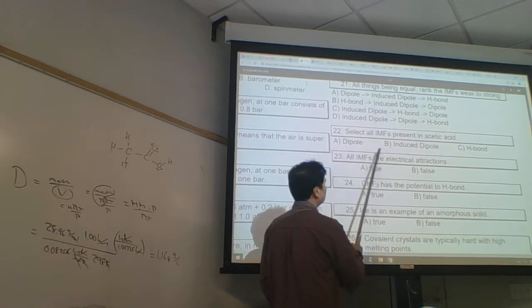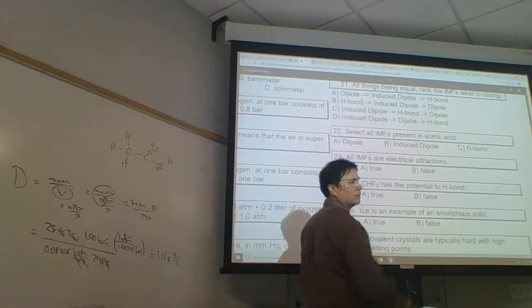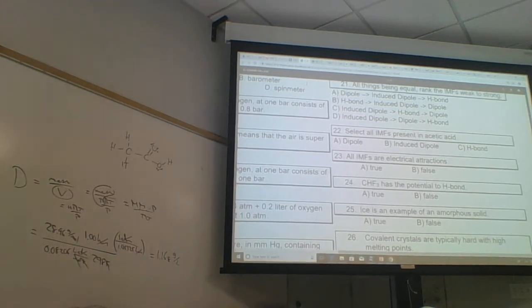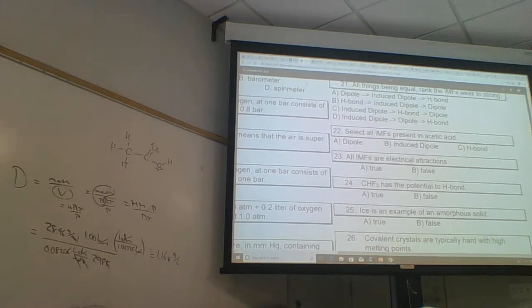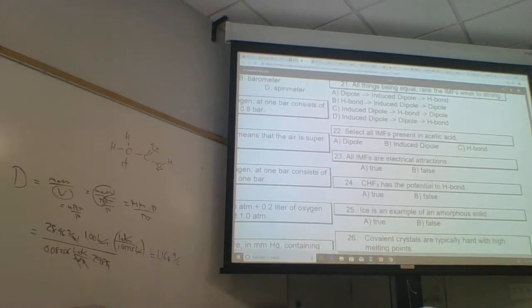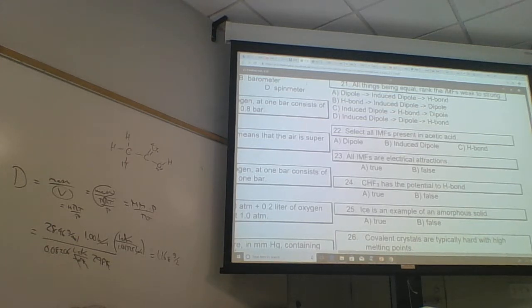So bubble A, B, and C on the scantron. Only do that if there's more than one answer. If there's only one answer, then you're automatically going to get it wrong.